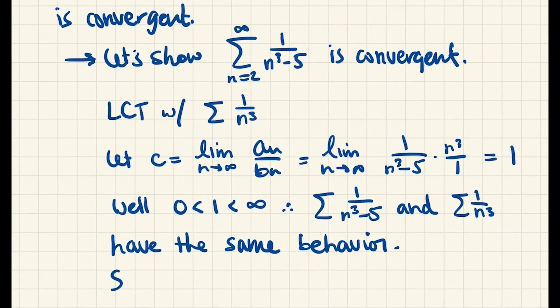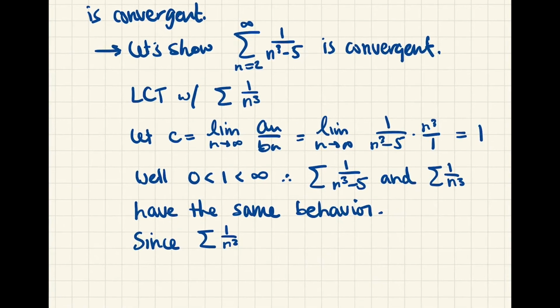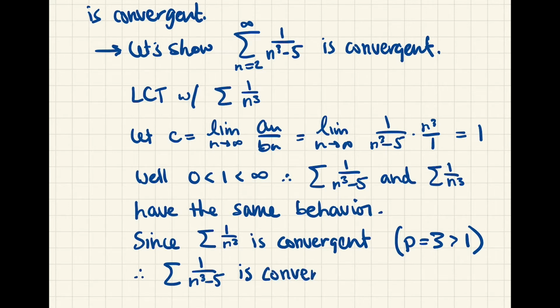Okay, what behavior is that? We haven't really established it yet. Well, 1 over n cubed is convergent. Why? It's a p-series. 3 is strictly greater than 1. Therefore, 1 over n cubed minus 5 is convergent.